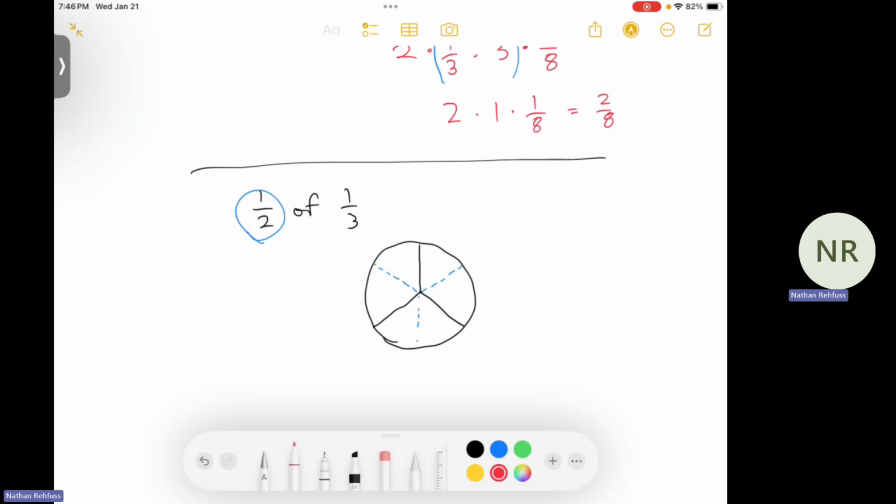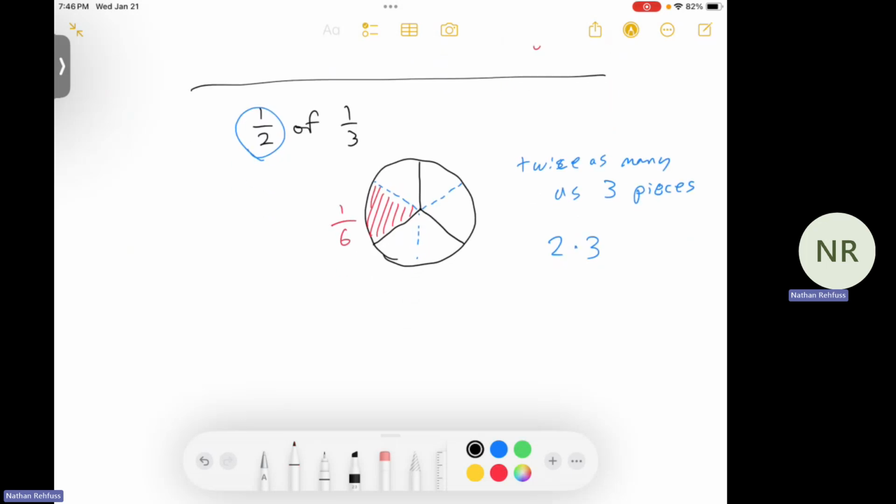There were 3 pieces, but now there's twice as many. So 1/2 of 1/3. How many pieces are there? Twice as many as 3 pieces. So it seems what we should be doing is multiplying the 2 times the 3. And that's how we get this answer of 1/6.